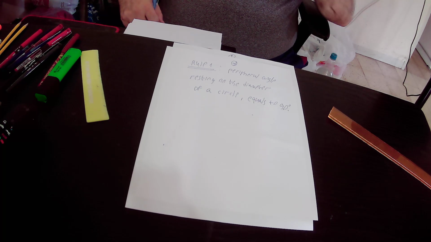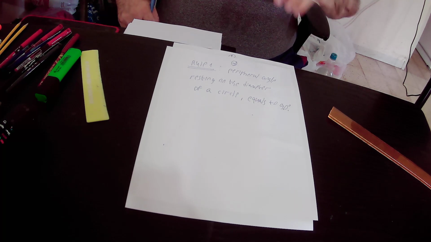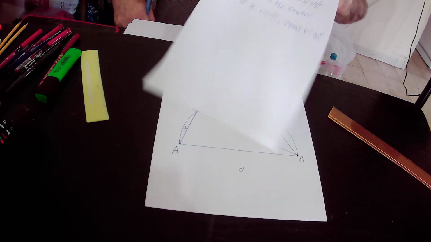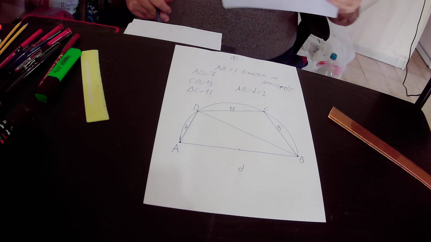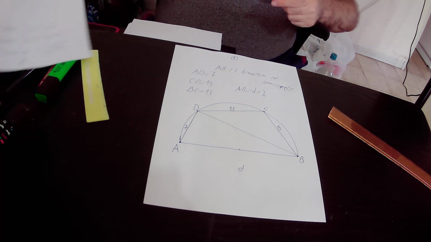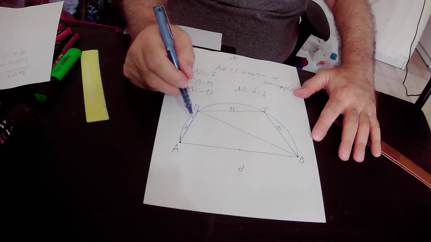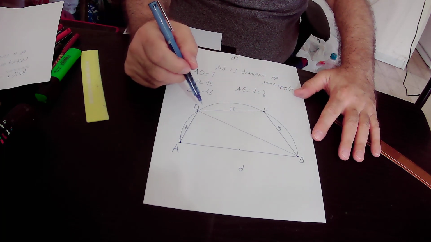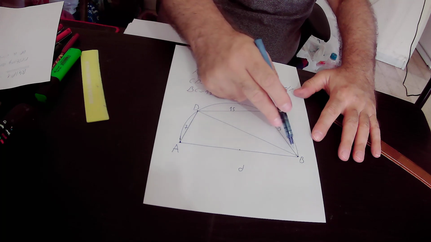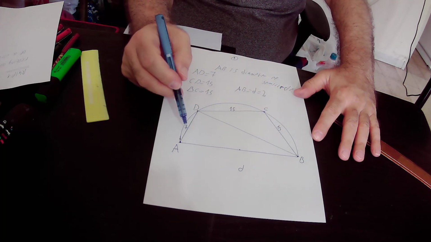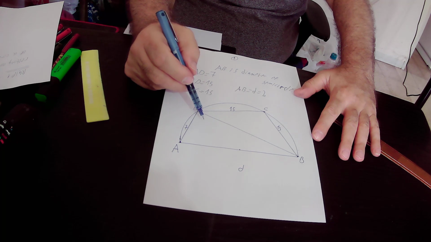Okay, so actually here we have angle ADB, a peripheral angle, and it rests on AB, that is the diameter of this semicircle.